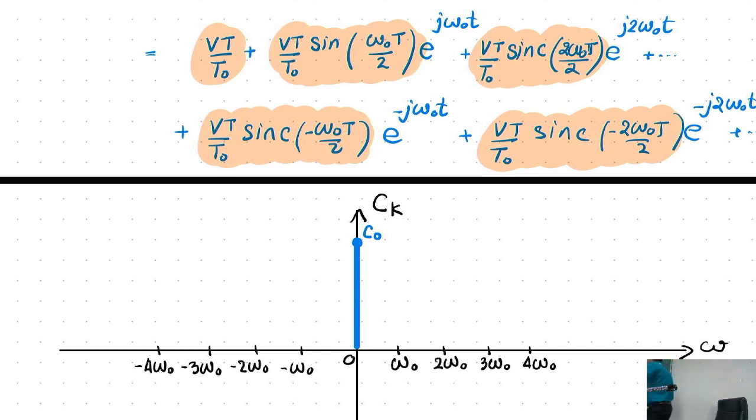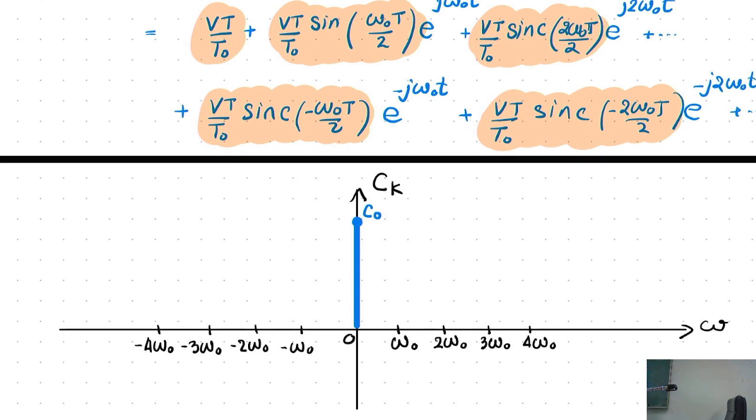Now, if you use your calculator to calculate the values of each term here, then you can plot the values for ck at each of the frequencies here. You can use your calculator to plot this value for each of the ck's.